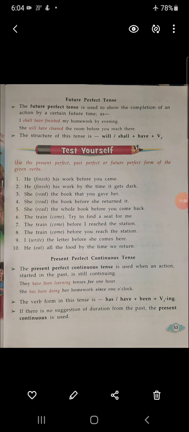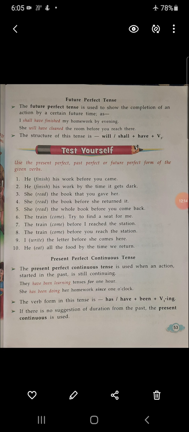The structure of this tense is will or shall, plus have plus V3. V3 means main verb. So whenever you are writing a sentence in future perfect tense, we have to use will, W-I-L-L, or shall, S-H-A-L-L, plus have, H-A-V-E, and V3. Have can be used in present perfect tense as well as future perfect tense, but not in past perfect tense.